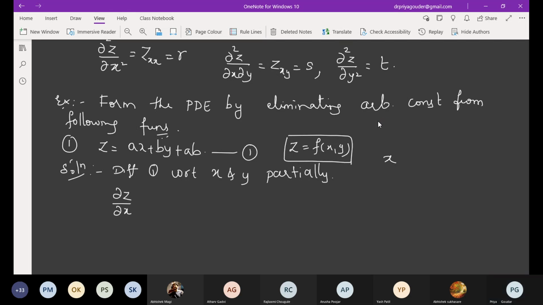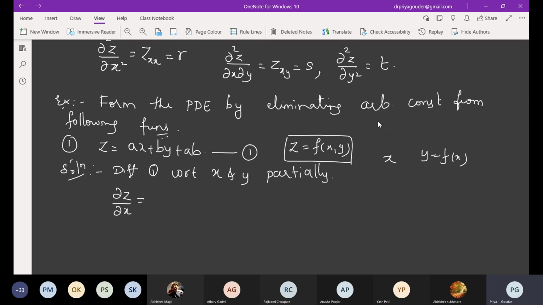No, not partial. If suppose y is a function of x, I'm recalling the first part. Then derivative of y with respect to x, how do you write? dy by dx. Similarly, z is a function of x, so I am writing it as dou z by dou x.